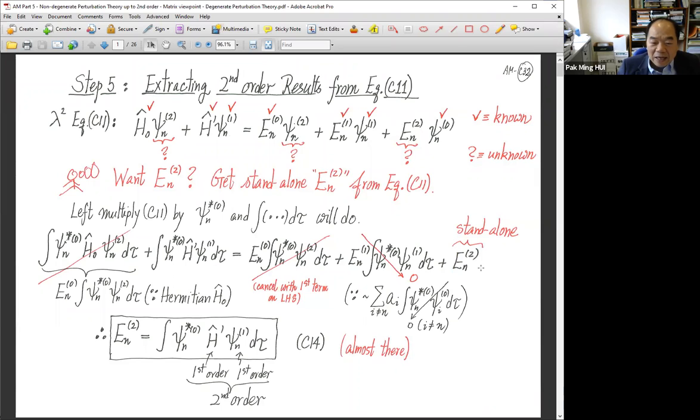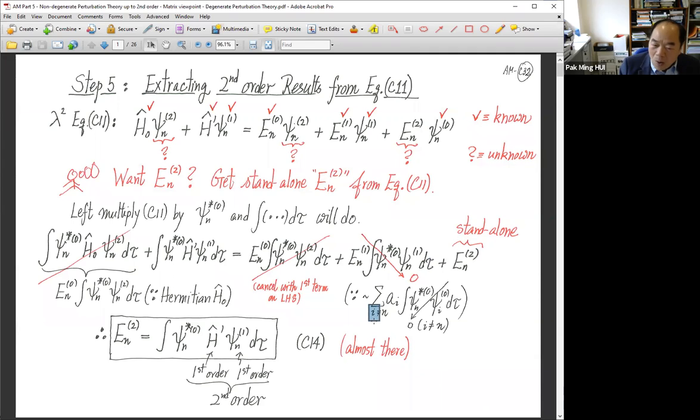Okay? Now, let's look at, for example, this term. All right? Now, I'm multiplying the nth one, 0th one, but now the integration has to do with first order correction to this n state. Remember, this correction only makes in other states.